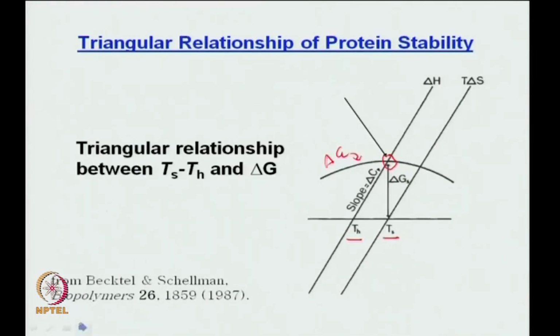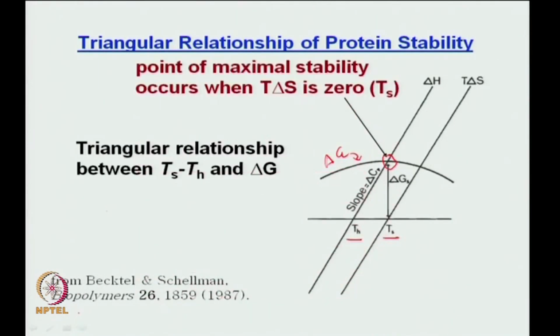Right. So, this is again the triangular relationship which we were talking about. You can see that here the maximum stability corresponds to Ts, right, and the triangular relationship is between Ts, Th and delta G. So, there are 3, right, it is being referred to by a triangle of this form, and that is why it is called a triangular relationship.